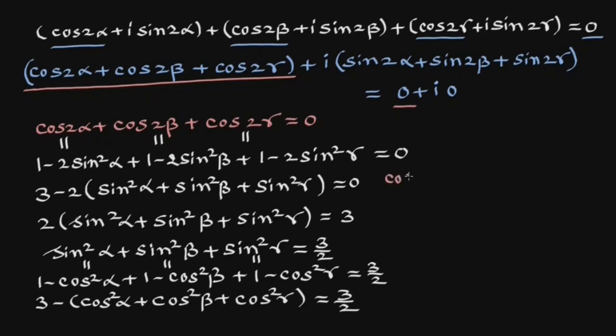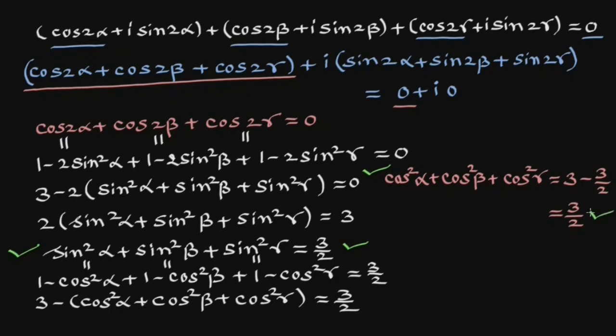Therefore, cos square alpha plus cos square beta plus cos square gamma will be 3 minus 3 upon 2, which will be again 3 upon 2 as required. So we have proved that sin square alpha plus sin square beta plus sin square gamma equals 3 upon 2, and cos square alpha plus cos square beta plus cos square gamma equals 3 upon 2.